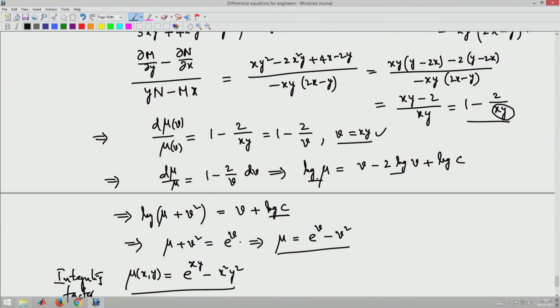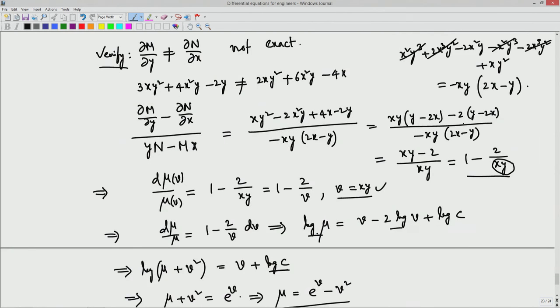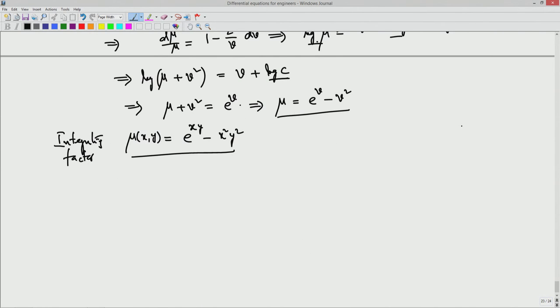So if I multiply this integrating factor to the equation, we can make the equation exact. That's how we made the equation exact. So I simply write x cube.